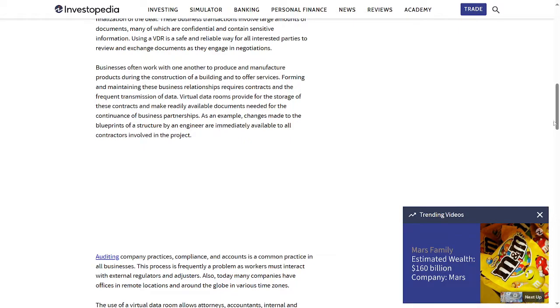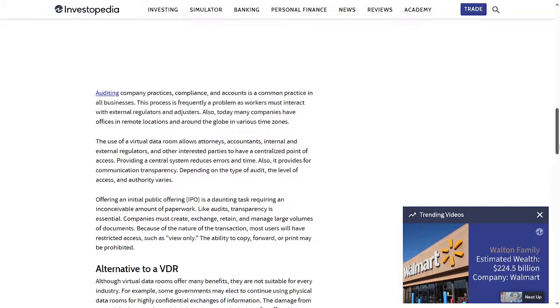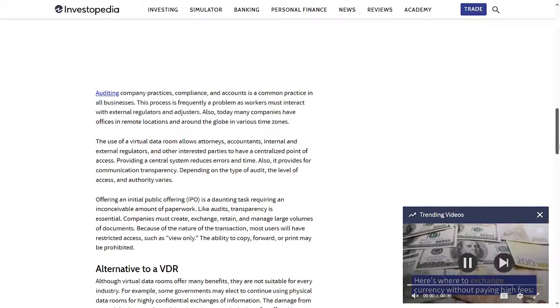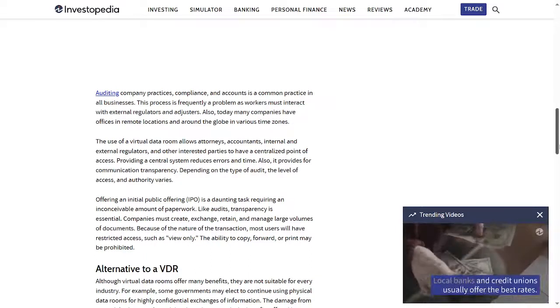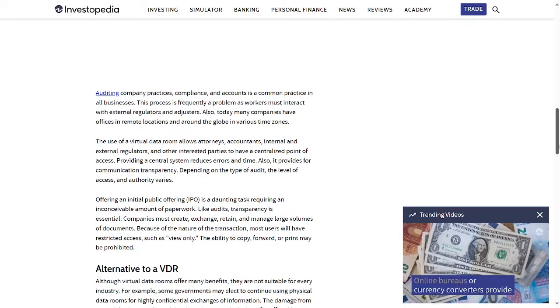Another use of virtual data rooms is auditing. Compliance and accounts auditing is a common practice in all businesses. This procedure is frequently a problem as workers must interact with external regulators and adjusters. Also, today many companies have offices in remote locations around the globe in various time zones.